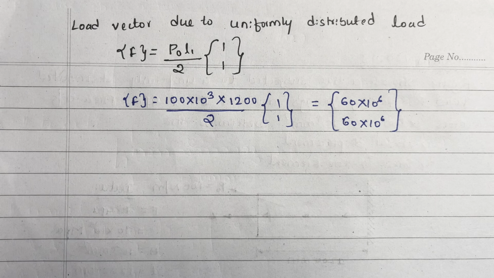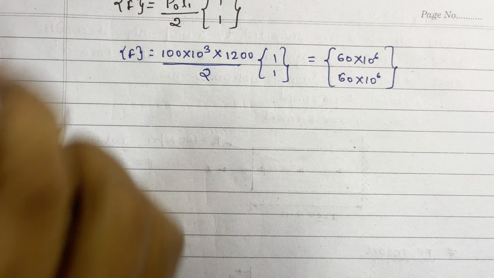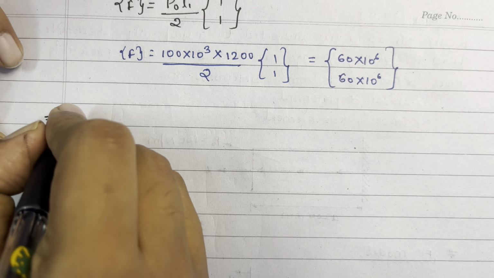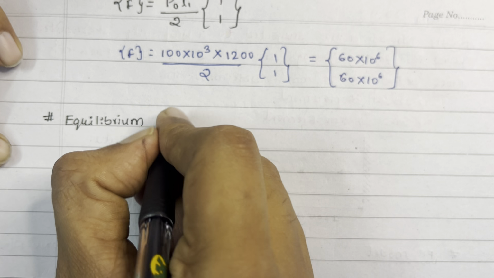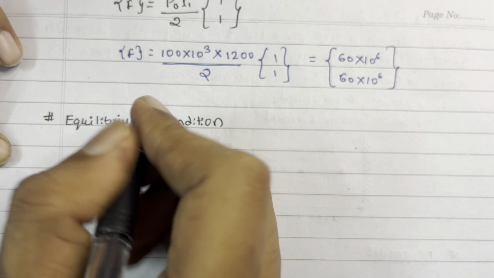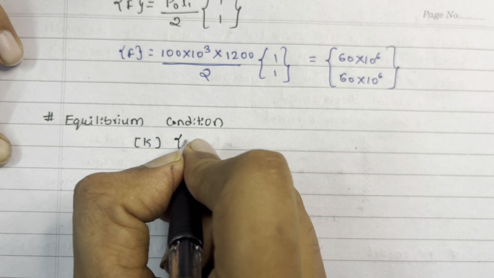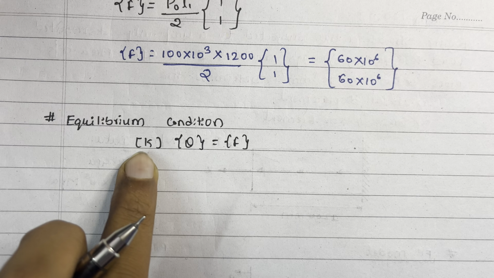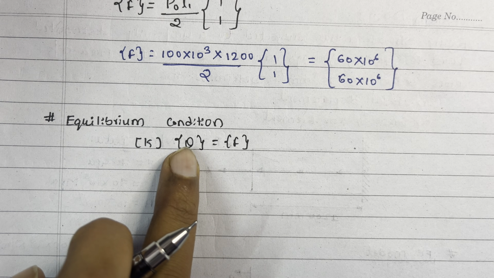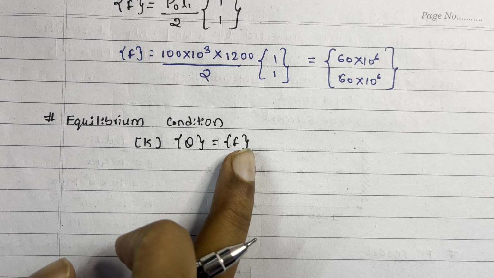Now we have the stiffness matrix K, displacement vector Q and load vector F. Then we have to substitute these three in the equilibrium condition. The equilibrium condition is K Q equal to F. Here K indicates the global stiffness matrix, Q the global displacement vector, and F the global load vector.